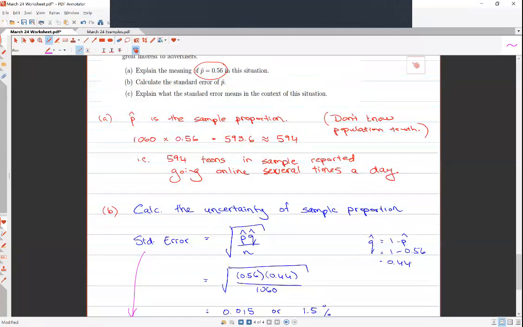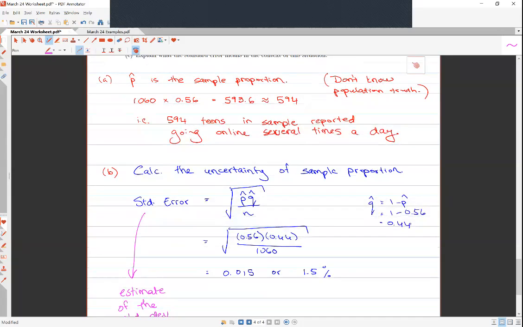And the last part here, C, asks, explain what the standard error means in the context of this situation. So I've kind of answered that already, because it's an estimate of the standard deviation, and it tells us how much variation we would expect, or how much of a difference we could typically expect between our true population value and our sample value.